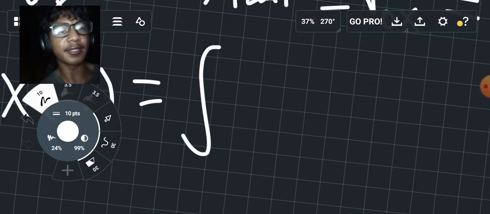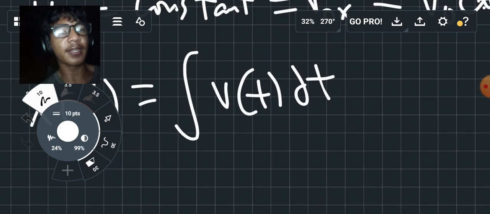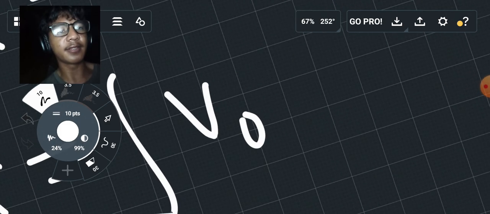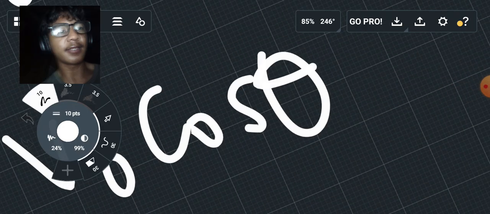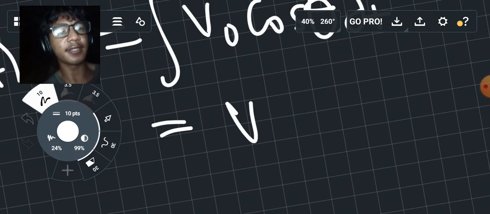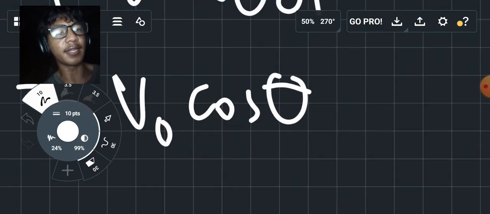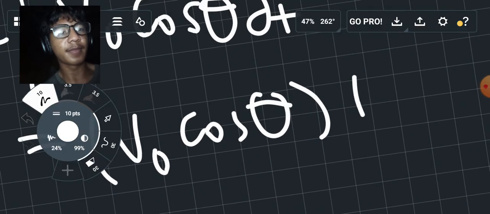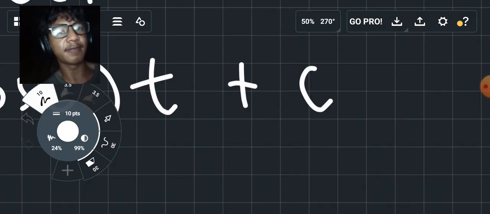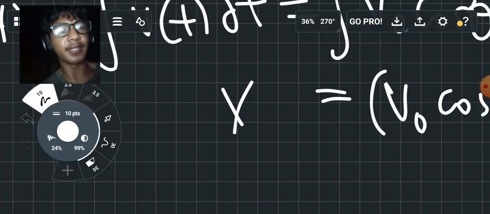Okay, so let's just do the regular antiderivative. That's v naught cosine theta dt, and that just gives us v naught cosine theta times time plus c. Okay, so that is x of t.